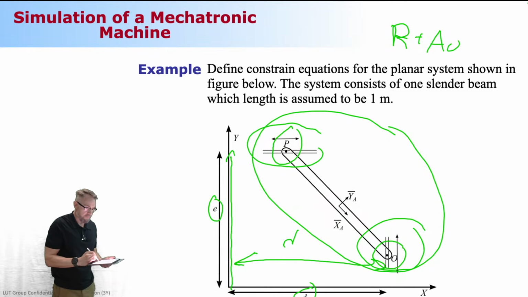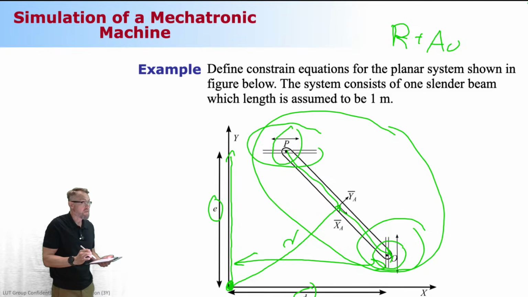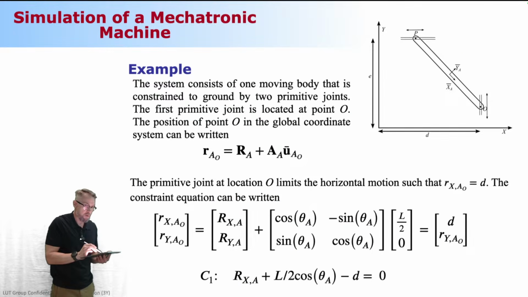We need to travel from the origin of the global reference coordinate system to the origin of the body reference coordinate system. And then we need to reach out to the point P or point O, and then we're going to constrain it. So we are limiting the motion possibility at that particular position. That's it. That's all we need to do. How does that sound? Pretty much doable. Very much doable. All right, so first comes O.